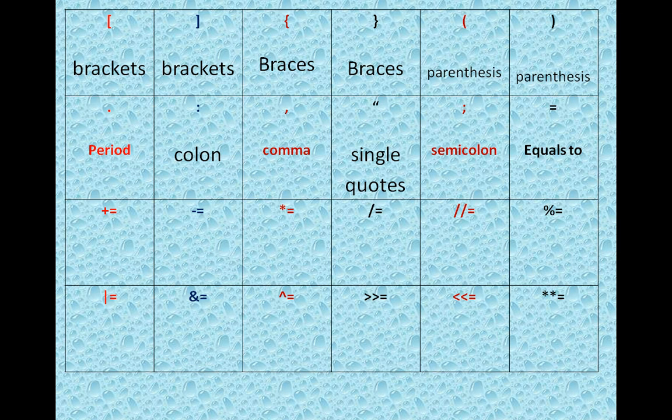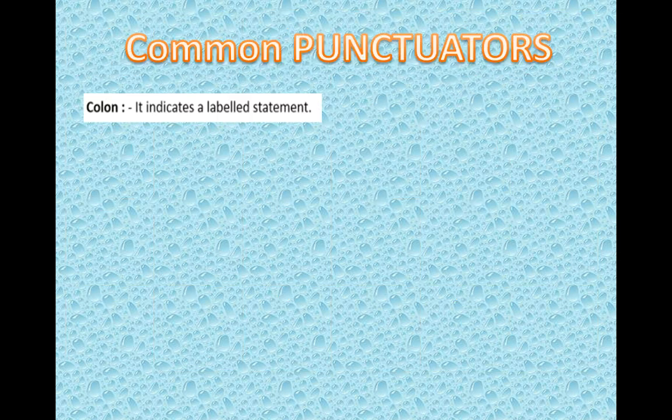The first common punctuator is colon. It is used to indicate a labeled statement. It's normally used in if statements or goto statements. Suppose I use a statement like ABC, then I put colon, then I write a few lines over here, then I pass control back to this statement.